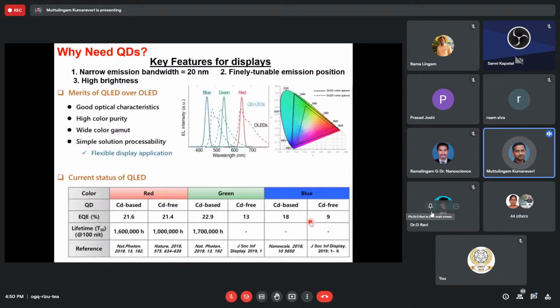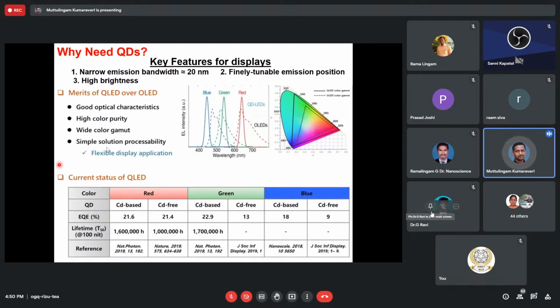So why do we need quantum dots? That's why I was talking about the REC 2020. For display purposes, we need narrow emission bandwidth, and it should be tunable emission. Quantum dots can be tunable, and also give high brightness compared to OLED.